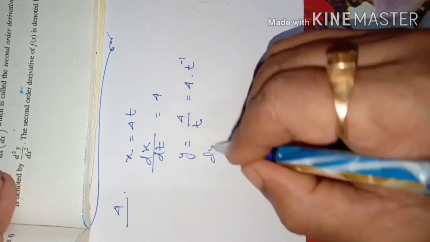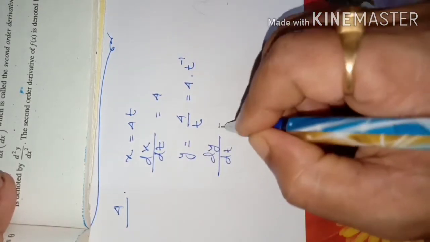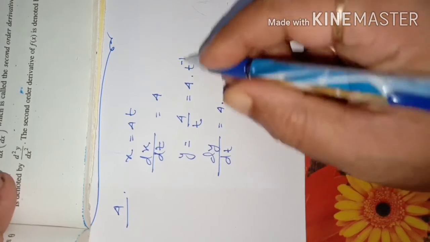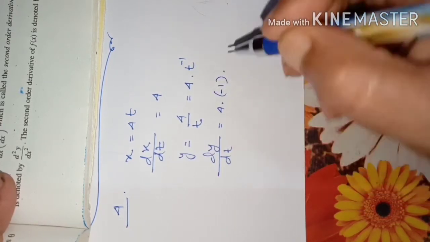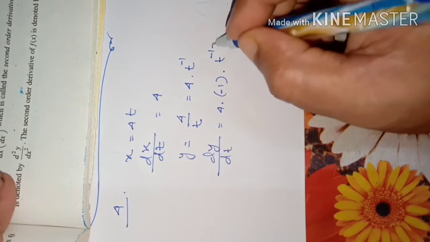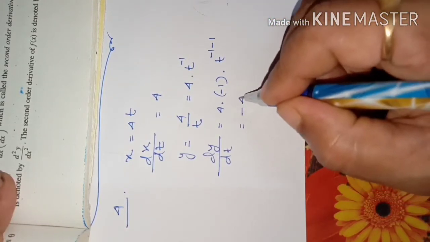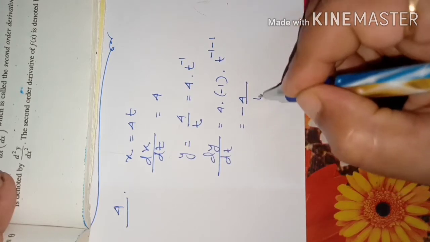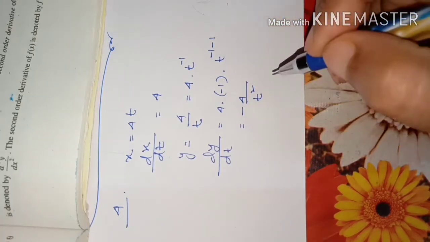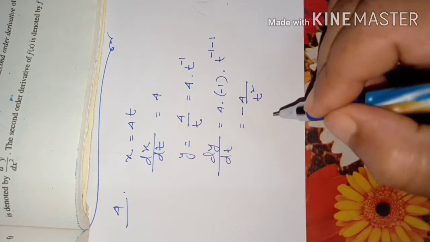Then dy by dt is equal to 4 into minus 1 into t to the power of minus 1 minus 1. That will be equal to minus 4 by t square, because minus 2 it will be, then it will be t square.